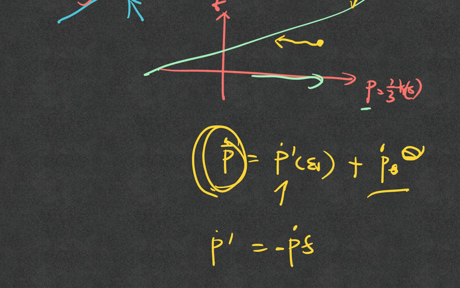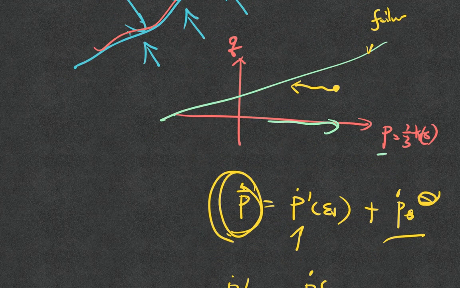You get it? Now I'm moving in this direction, and eventually it hits this line, and then there's a slide that could occur. Does that make sense?